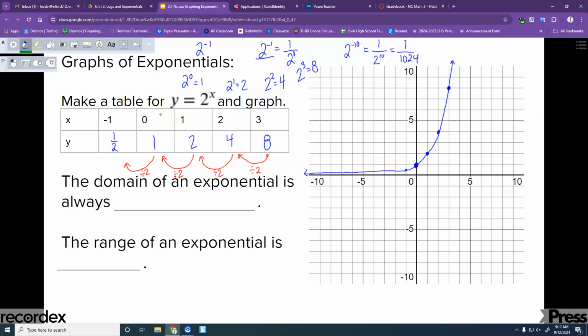Another way to think about this is, let's say that I'm going to walk halfway to that wall. If I'm going to go halfway to the wall, from here, I would end up about right here.